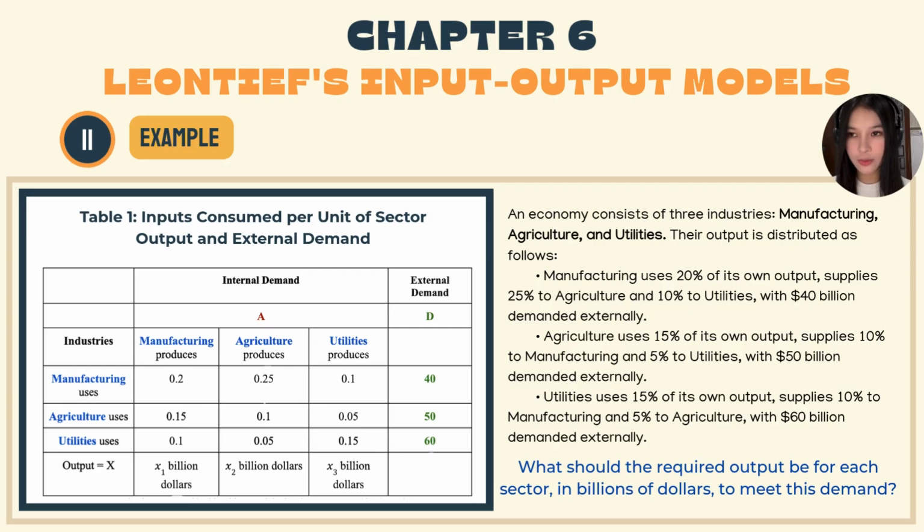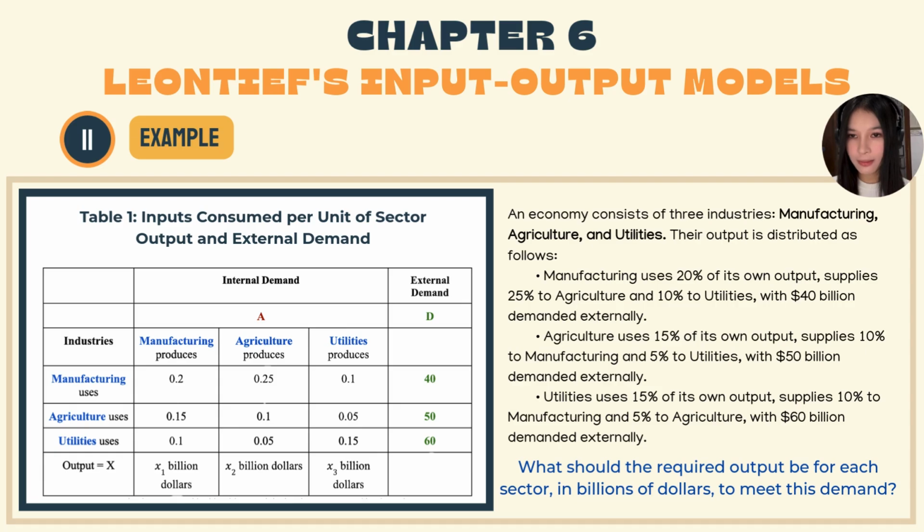And to continue, we will examine a simplified example of Leontief's input-output model. As previously explained, this slide presents a three-sector economy: manufacturing, agriculture, and utilities. The table on the left, matrix A, shows the direct input coefficients, indicating the input requirements for a sector to produce $1 worth of output.